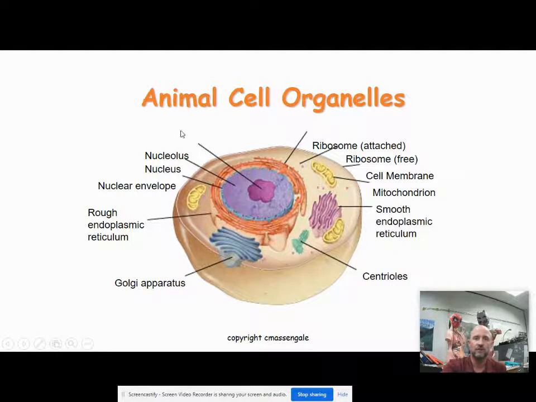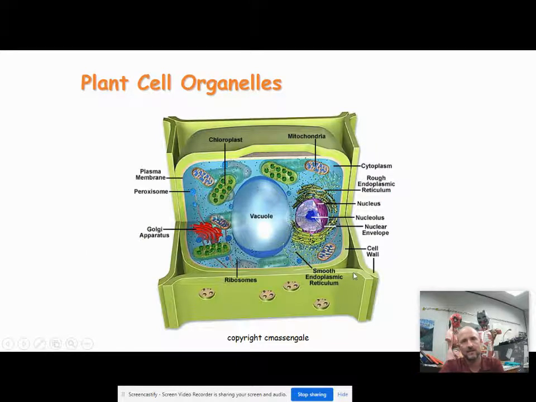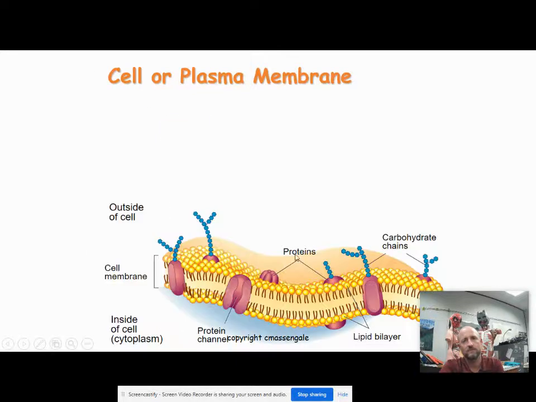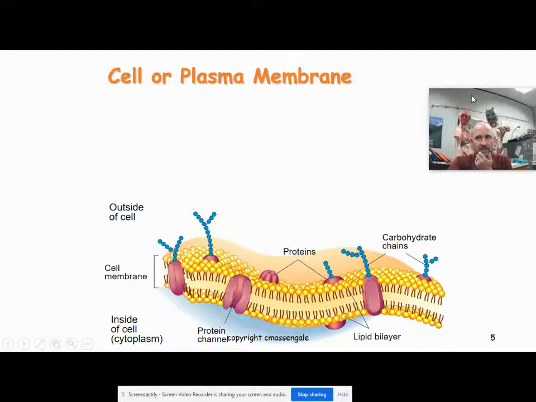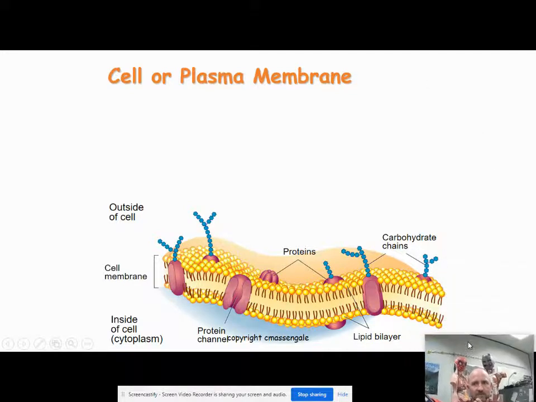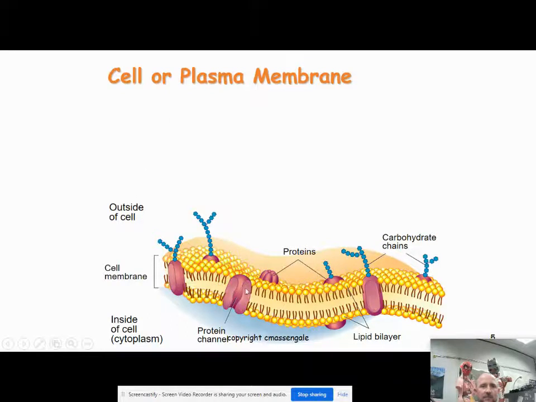Okay, a little review for you. Here's an animal cell. Remember this plasma membrane, so it's this whole outside, and then it's the stuff that's around all these other organelles. Okay, same within a plant, except the plant has the cell wall. And here's kind of a picture drawing representation that we will see quite a few of, of a plasma membrane.